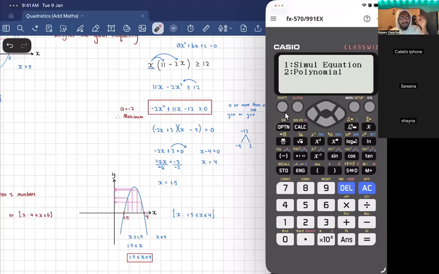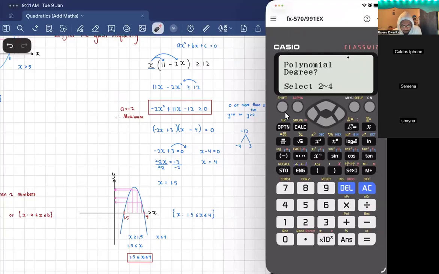Do you think a quadratic is a simultaneous equation or is a polynomial? Polynomial. Right. A polynomial is when you have multiple terms of varying degrees. So like x squared, then x to the power 1. I'm gonna press 2. What is the degree of my polynomial?